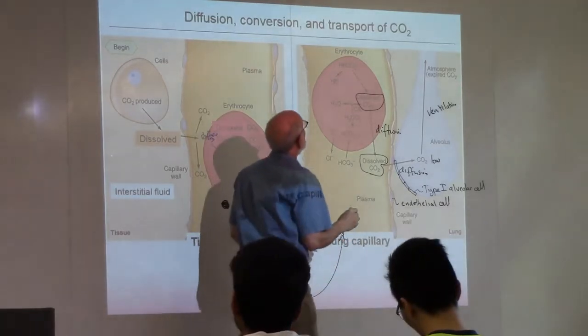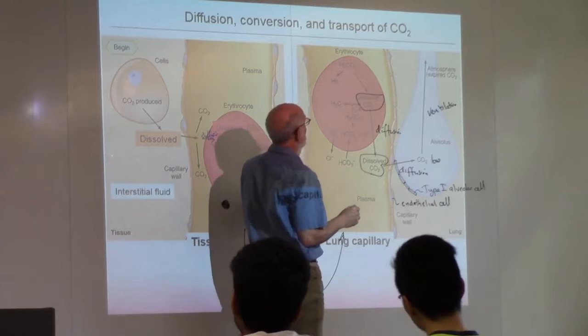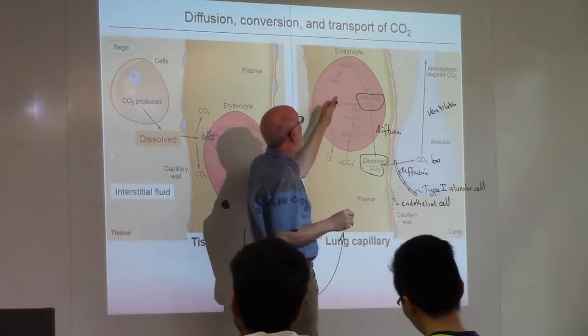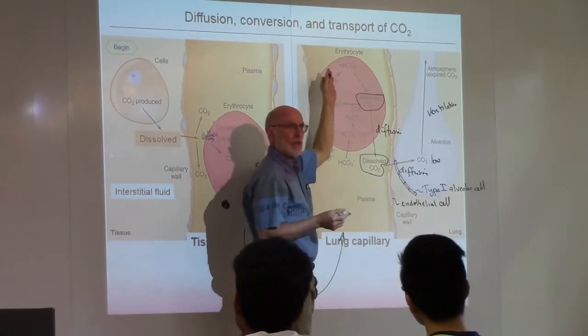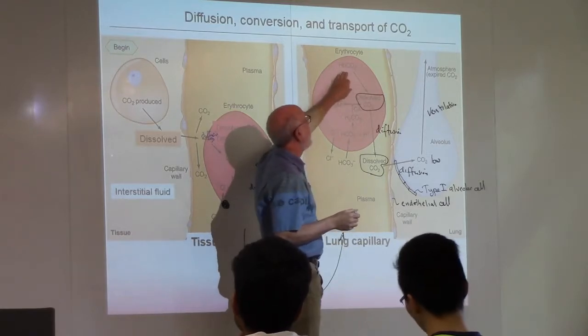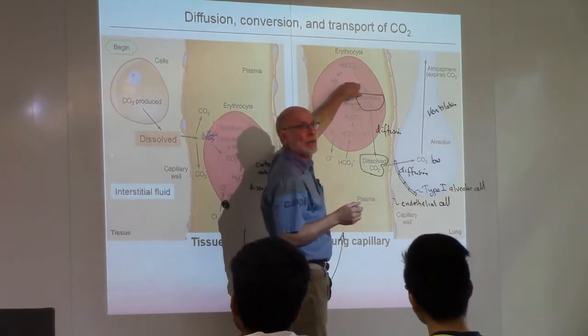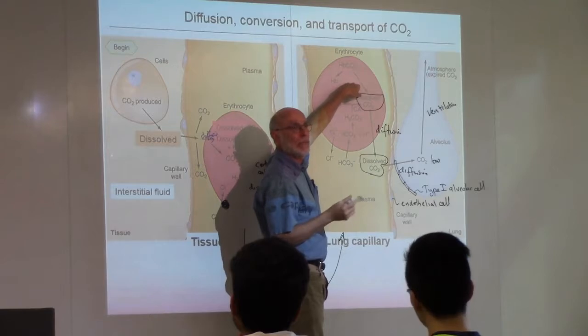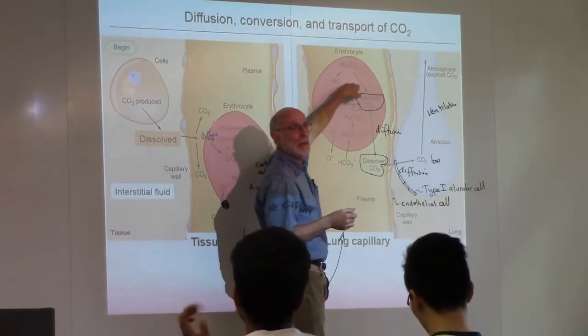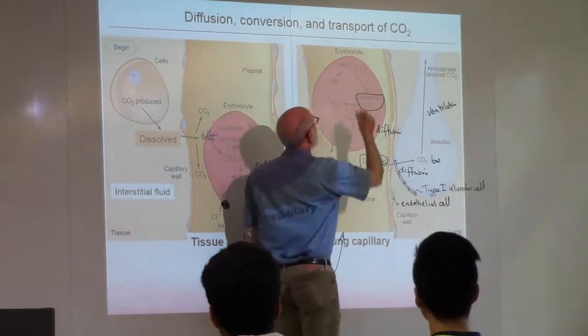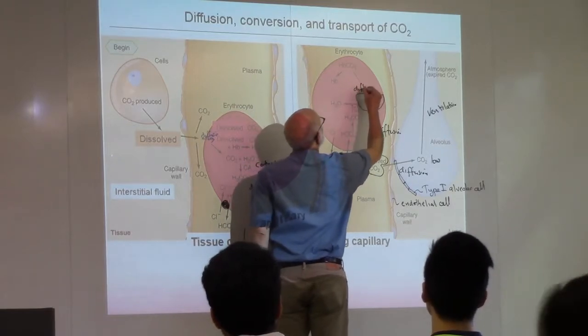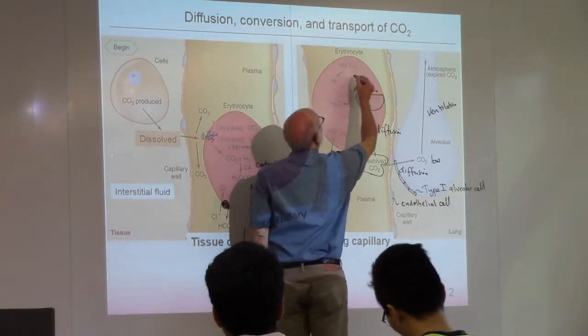Well, some of it was dissolved from the start. But some of it was not. Some of it came from hemoglobin. So what would this arrow be trying to describe? Diffusion. Okay, so diffusion, but there's one other step.